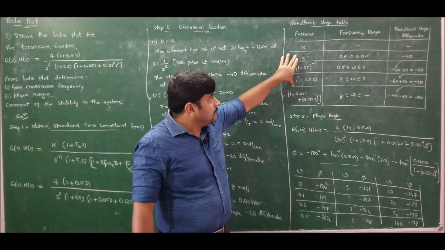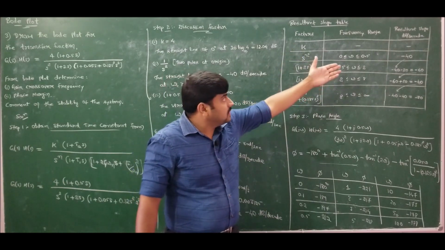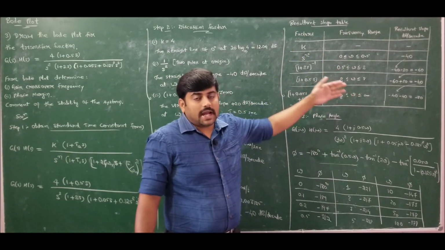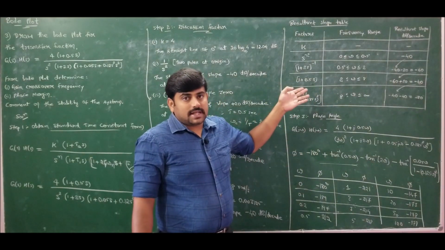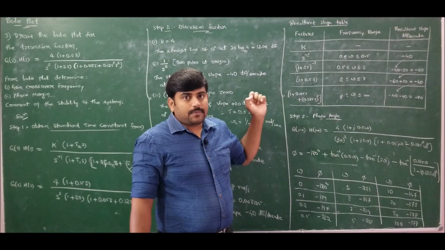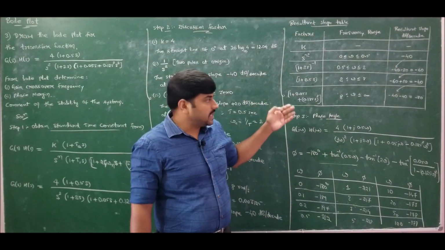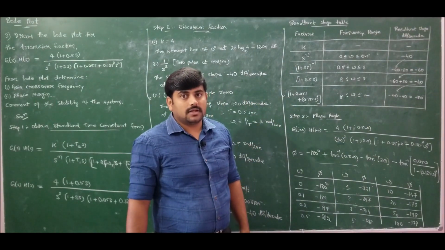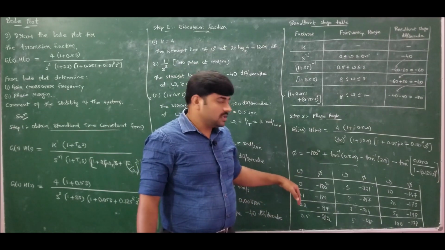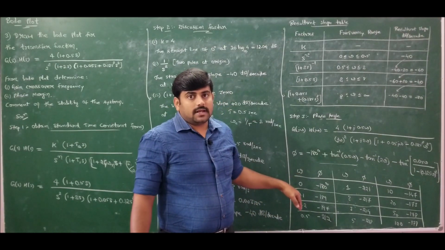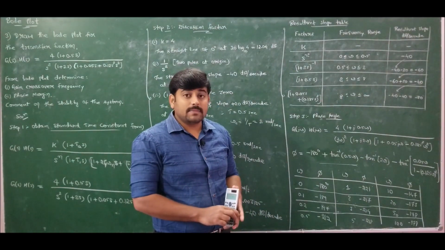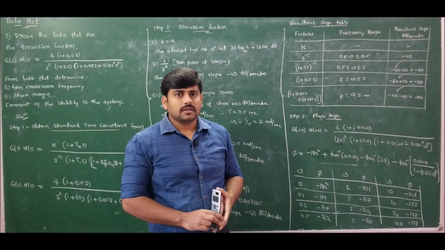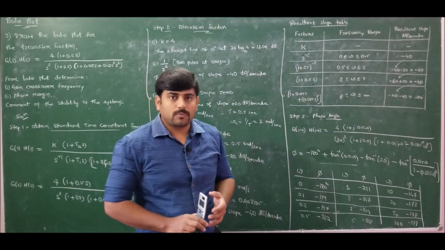Let me plot the magnitude plot for the resultant slopes I have obtained and check at what frequency it crosses the 0 decibel line. That will give us the gain crossover frequency, for which I can calculate the phase margin. And the phase crossover frequency is at 0 radians per second, for which I should determine the gain margin, so that I can comment on the stability of the given system. So come, let us go for the Bode plot.